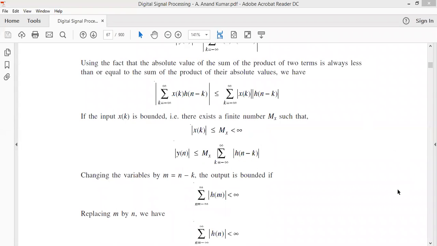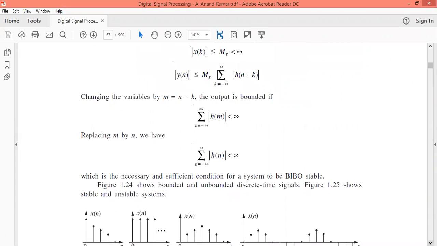So for the system to be BIBO stable, the condition is that the summation from n equal to minus infinity to plus infinity of |h[n]| should be less than infinity. Then only we say the system is a bounded input, bounded output stable system. Otherwise, the system is an unstable system.